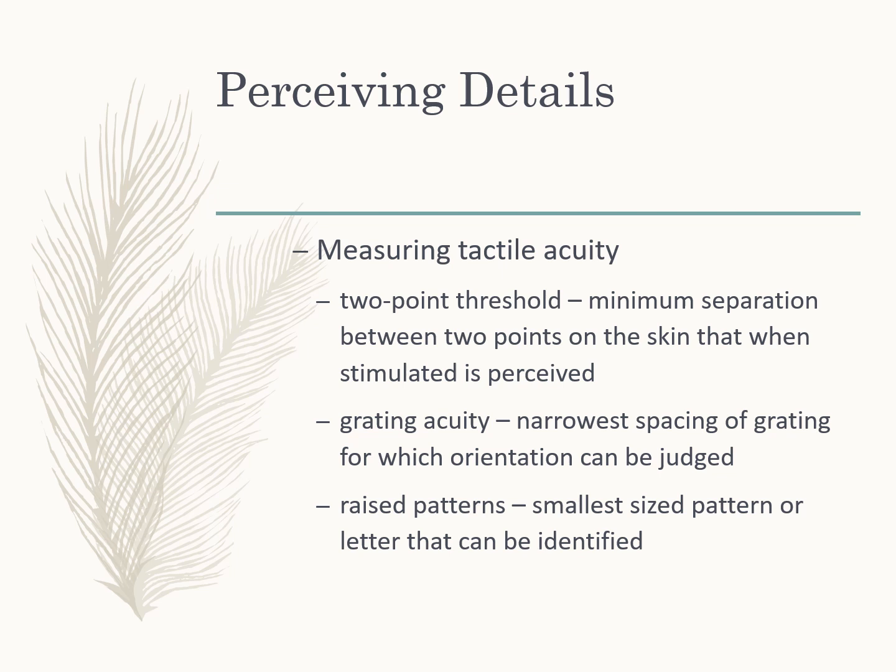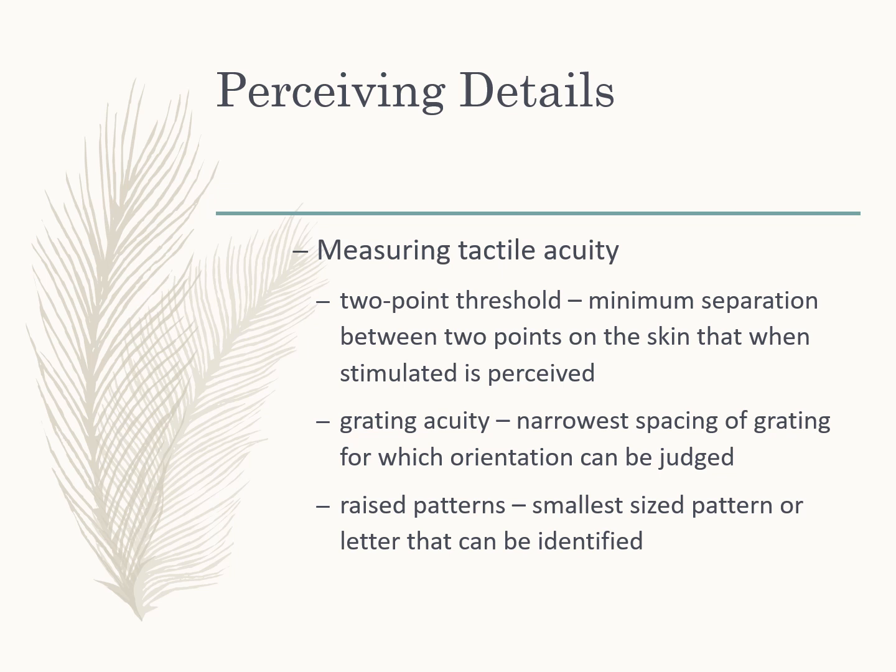We don't feel that there's a separation in there. And you can see, I've done this a few times, if you get two toothpicks and you separate them on your finger until you can just feel that there are two, keep them at that same distance and move it to your arm, and it'll feel like one.